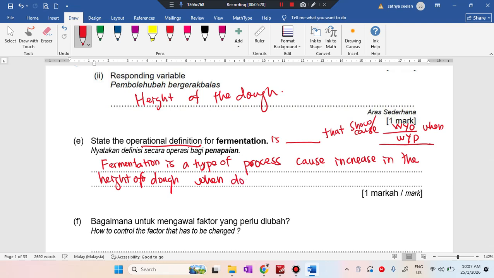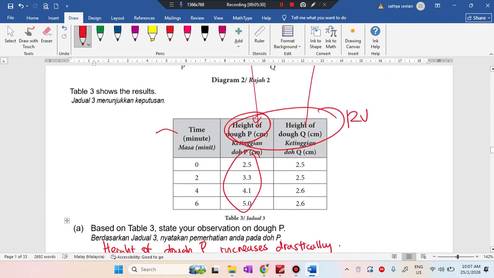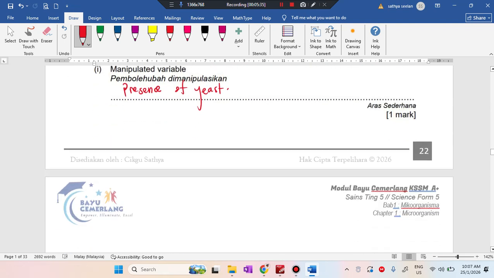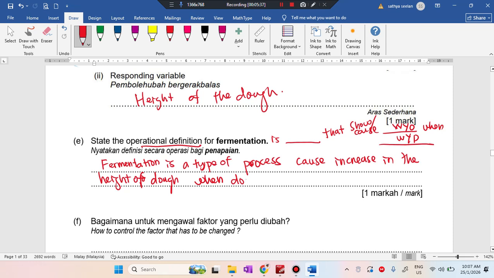And left for how many minutes? According to the question, 6 minutes. Okay, when the dough is mixed with yeast and left for 6 minutes. This is the perfect answer. You can write it like this.